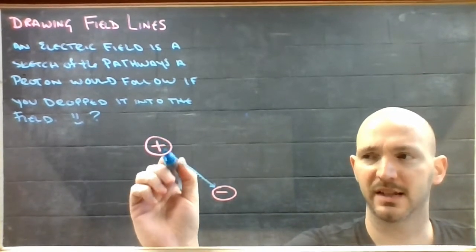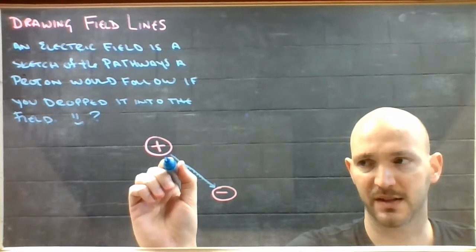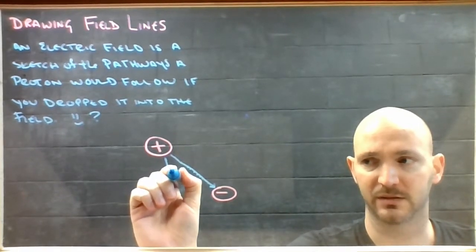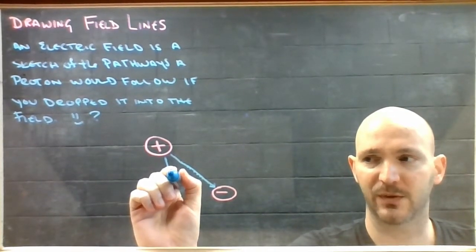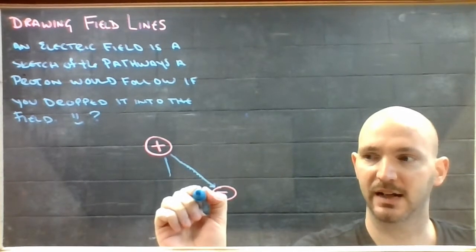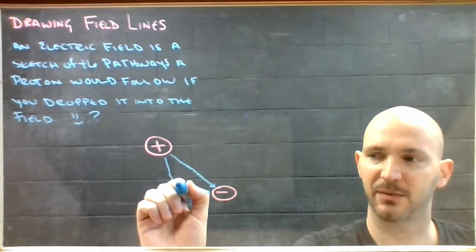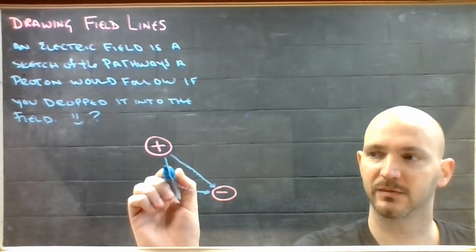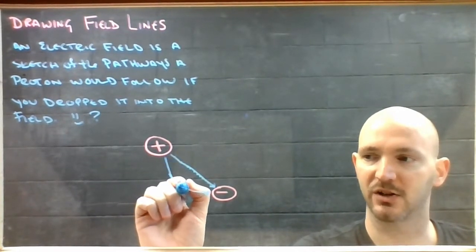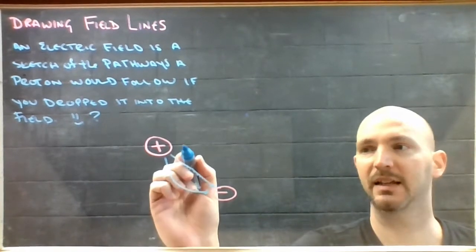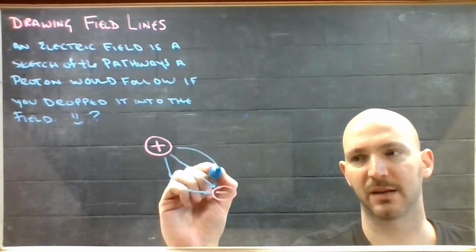On this side, that positive charge is going to repel that proton. But then as it gets further out here, it's going to be attracted into this one. So I might get a pathway that looks something like that. Repelled by the positive charge and then dragged in by the negative. And on this side, it's going to do the same thing.